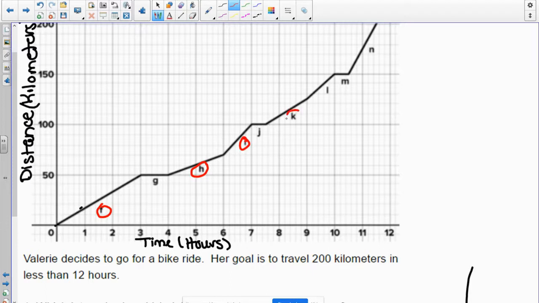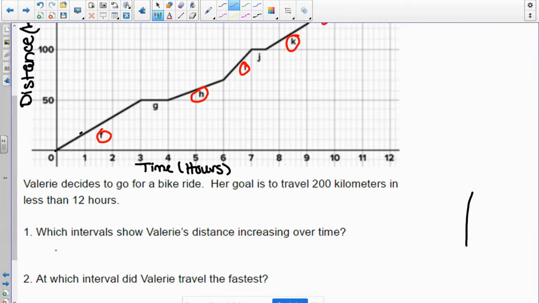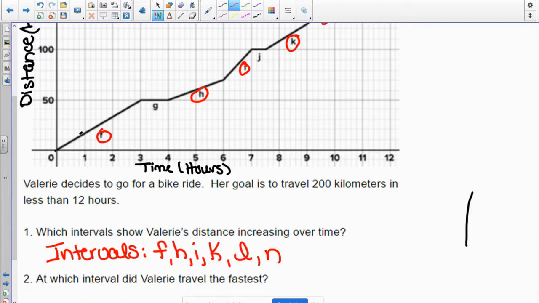K, she's increasing. You can see it go up. L, she's going a little bit faster. There's a slight change in slope there. M, she's sitting still. And N. So we'll write those intervals down. These are intervals in time, so between hours: F, H, I, K, L, and N.